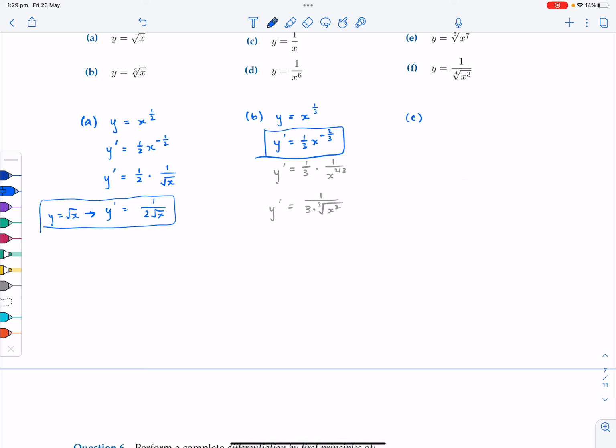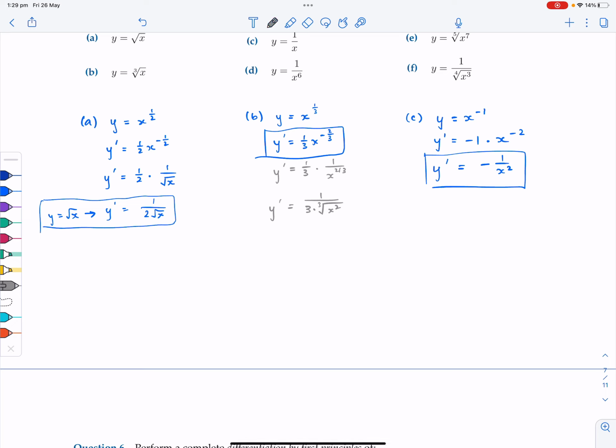C, y equals 1 over x. That can be rewritten as y equals x to the negative 1. So y dash is negative 1 times x to the negative 2, right? Or negative 1 over x squared. There's the derivative of y equals x to the negative 1.